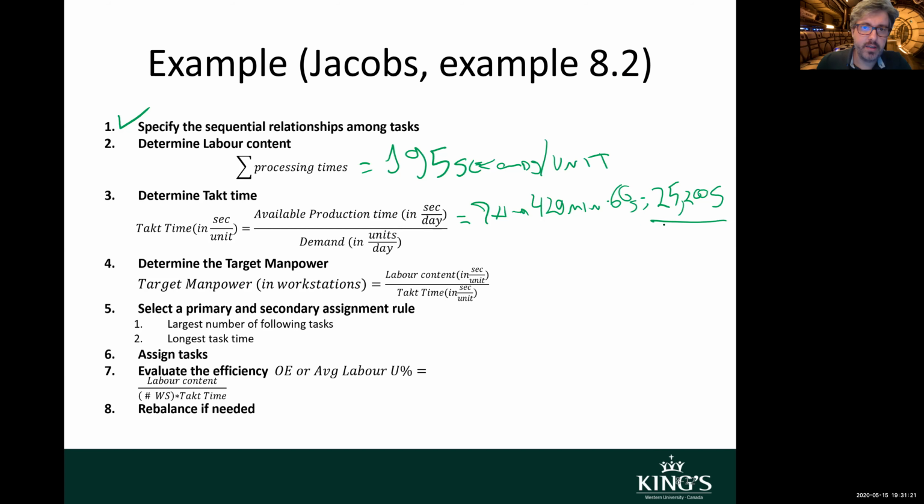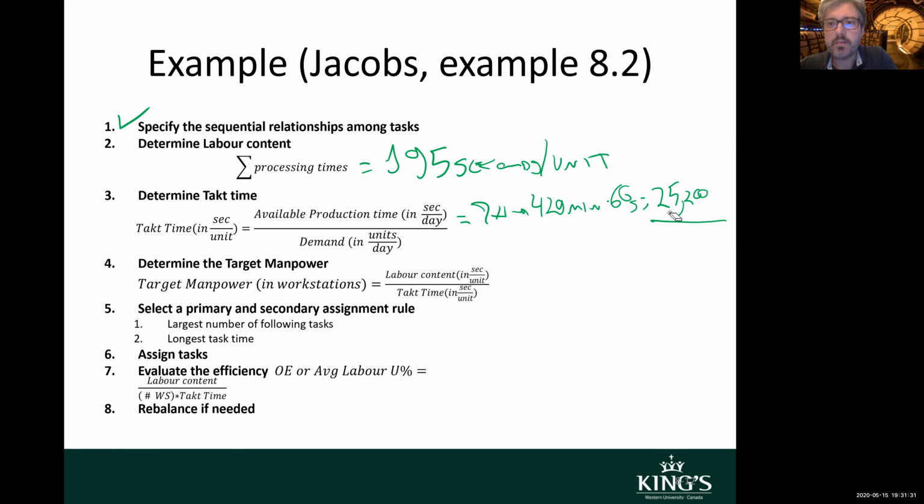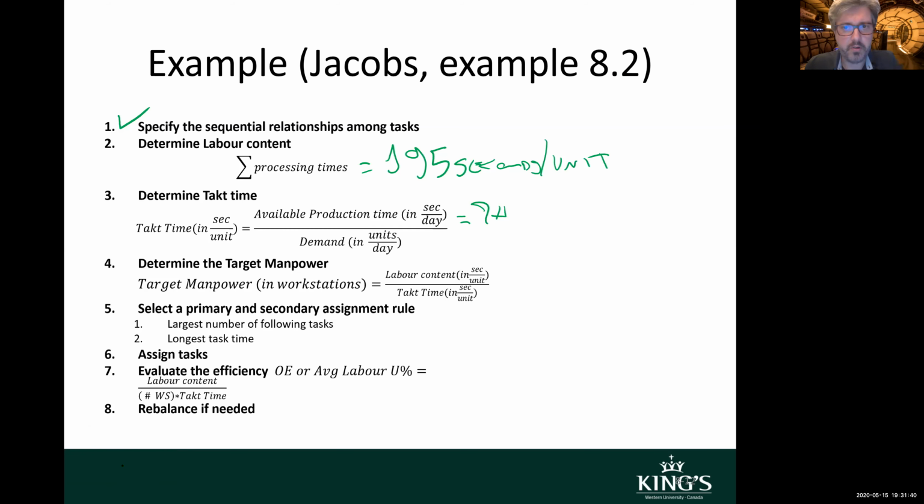And my demand is in terms of units per day. So let me erase this a little bit, make it a little bit better. So those 7 hours, I'm using green.